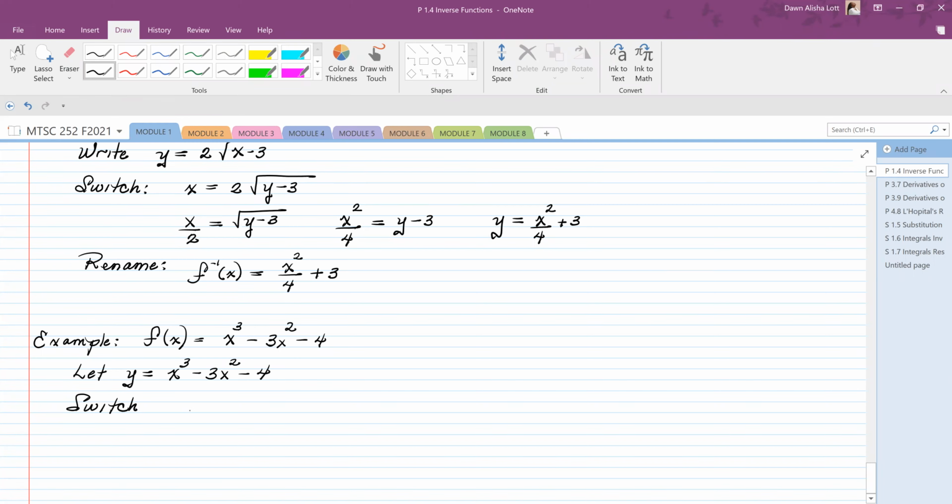So we get x is equal to y cubed minus 3y squared minus 4. And now solving for y is difficult. So some functions we may not be able to use this technique because it's rather difficult. Okay.